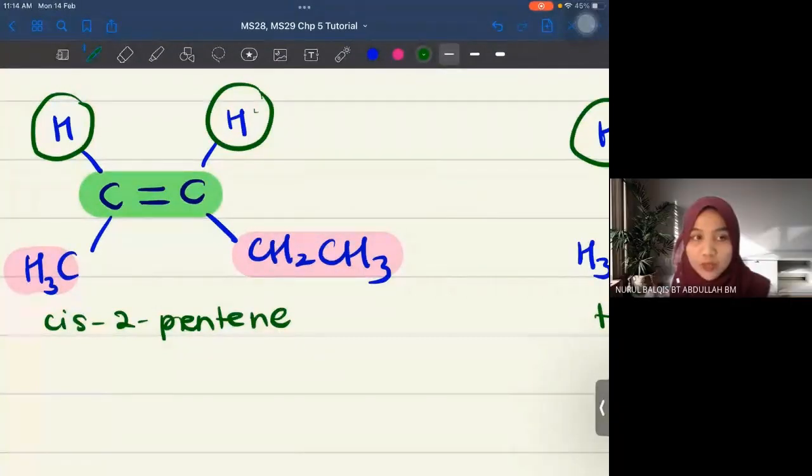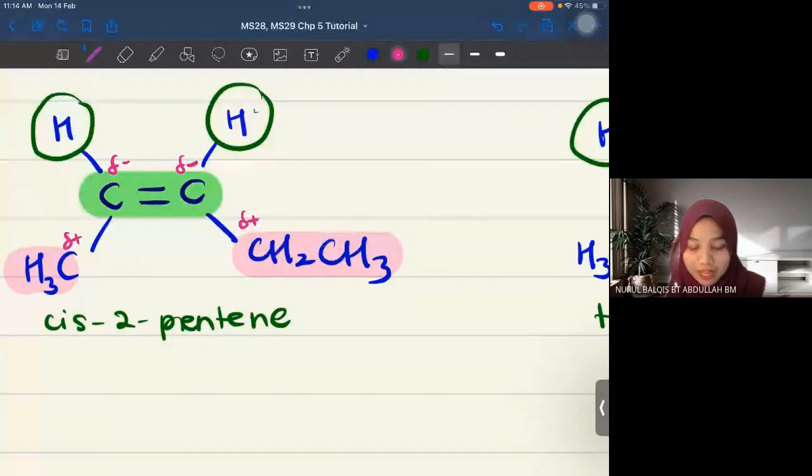So we will denote this carbon-carbon double bond as partially negative. It means this alkyl group, which has only C and H, will be partially positive. When determining the polarity of a molecule, we need to first identify the polar bonds, the polarity of a bond.